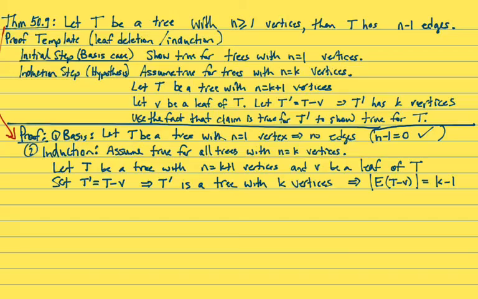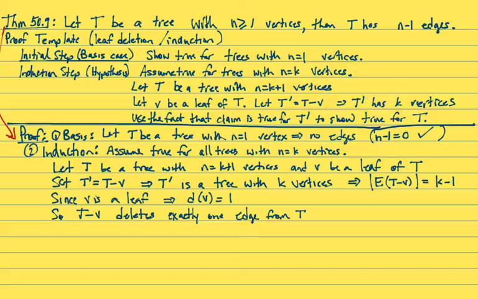We need to use that fact to show that it's true for T. Since V is a leaf, its degree is 1. There is exactly one edge that contains the vertex V. So T minus V deletes exactly one edge from the tree T, which means that T then has k minus 1 plus 1 edges, or k edges.